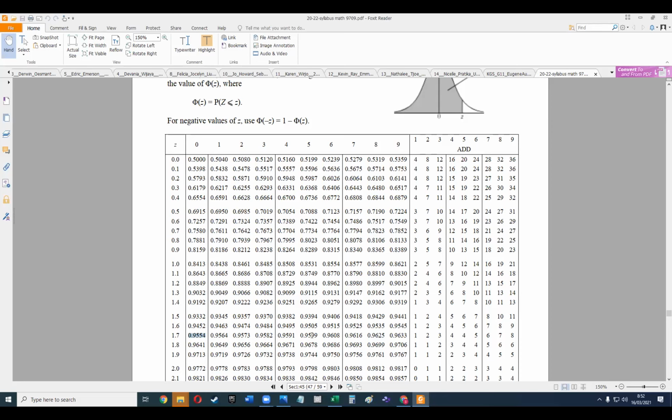And here it is. This is the closest we have. 0.9608 will be too big. 0.9599 will be the closest. So here, the number is 1.75. But we need one more to make it 0.9600.